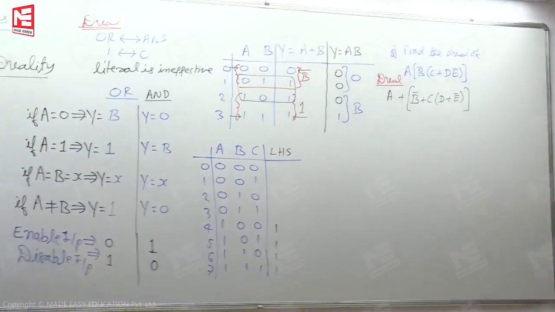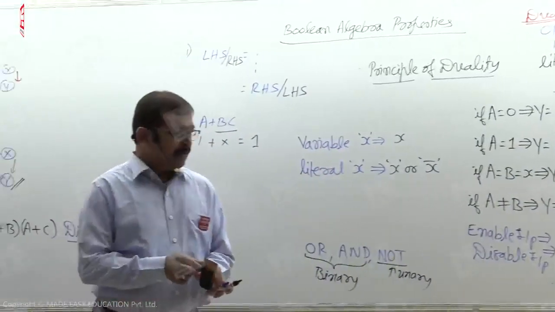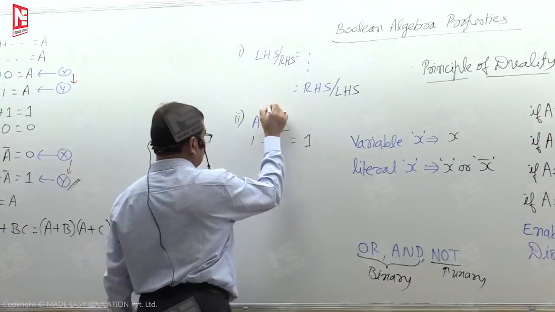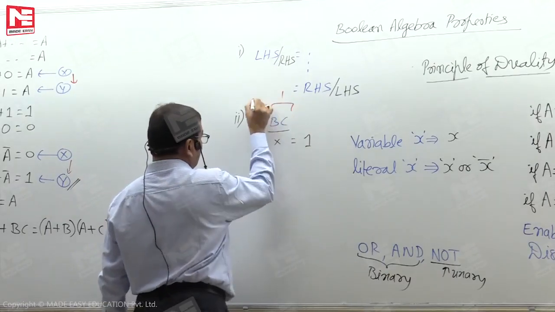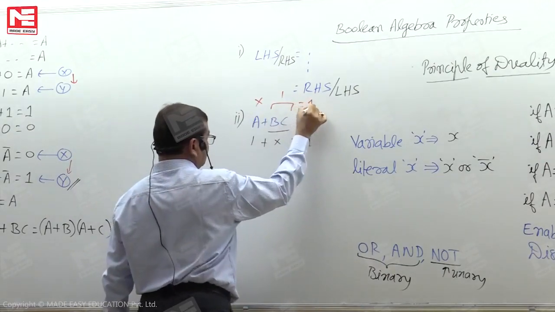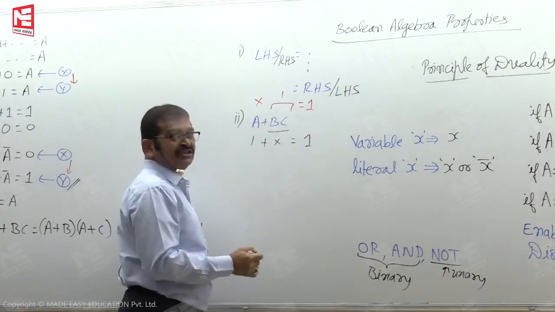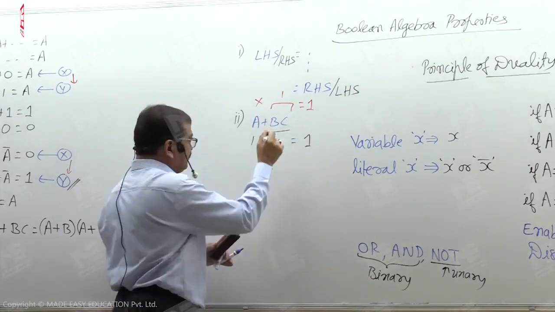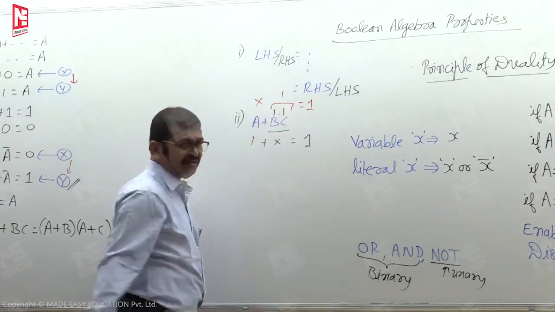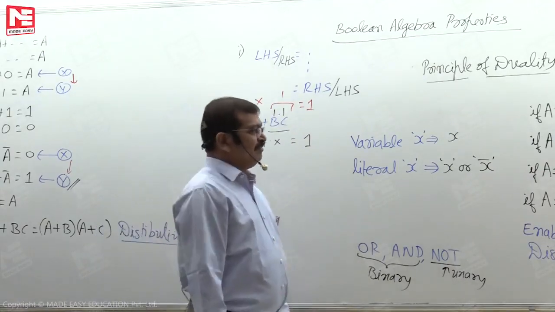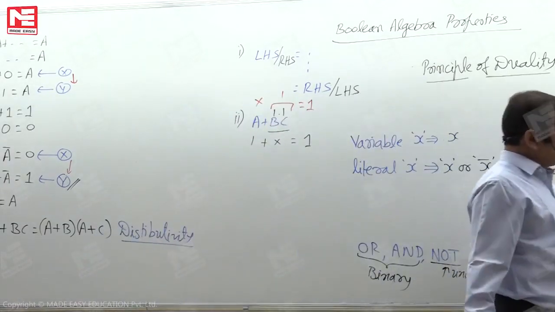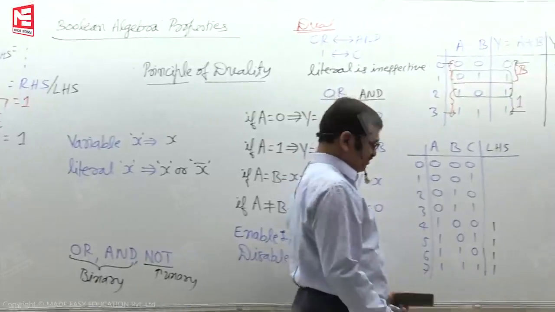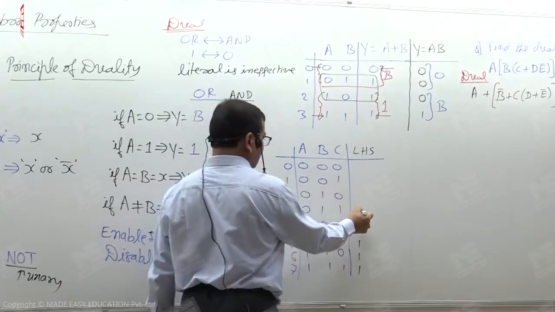Similarly, if B and C is 1, A may be anything, and the result is 1. For B and C to be 1, both B as well as C must be 1. We look at the third row, where B and C is 1, so the result must be 1.